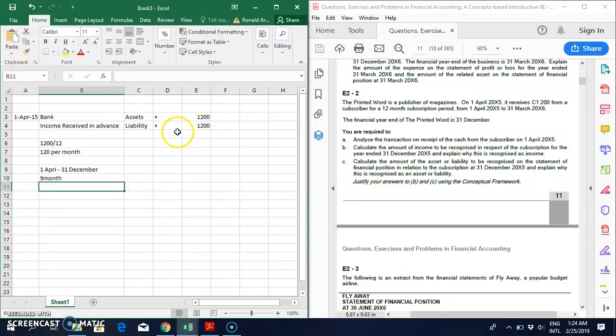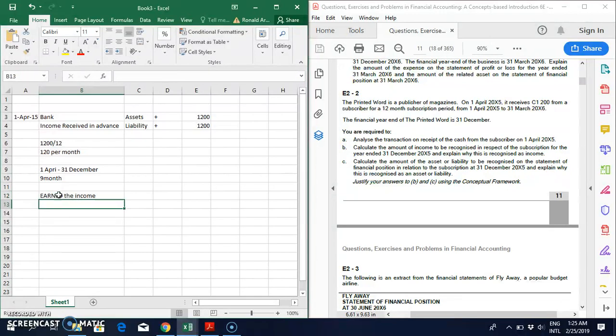So is the full amount still income received in advance? Do we still owe them the service for the full 12 months? No. We've already rendered services for 9 months, which means we only owe them for 3. So by the 31st of December, we've rendered the service, which means the important part there is we've earned the income.